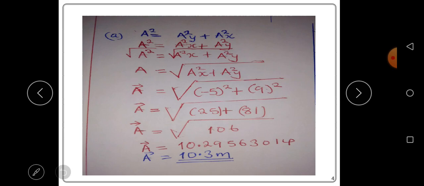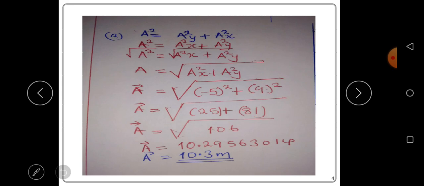Once you do that, you replace the x component of the vector, which was negative 5, and you square it. What was the y component of vector A? It's 9, and you square it. What is negative 5 squared? It's 25. What is 9 squared? It's 81.